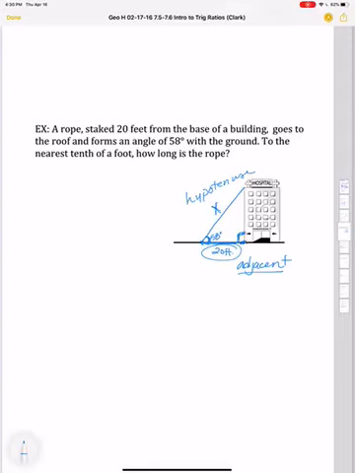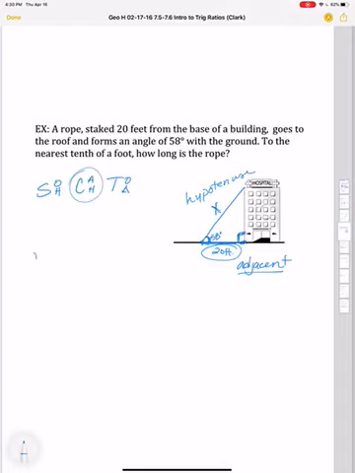And I'm solving for the hypotenuse, which is x. So I'm going to use whichever trig function uses adjacent and hypotenuse. Since I know the angle, I know the adjacent side, and I'm solving for the hypotenuse.